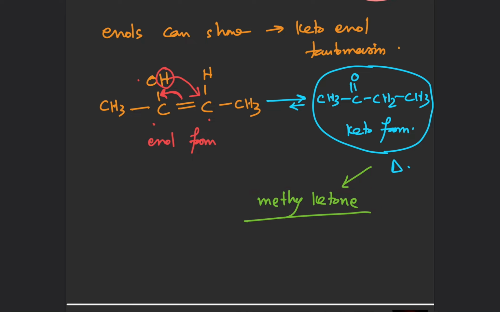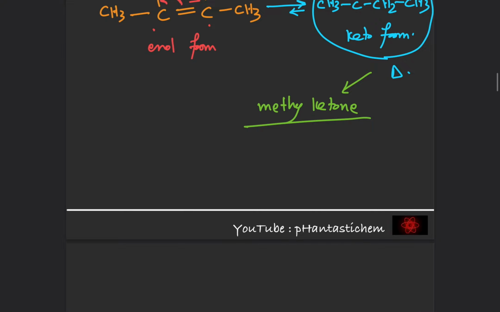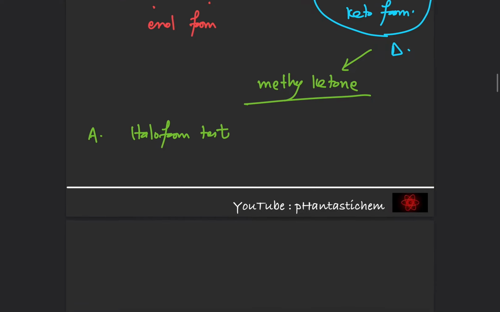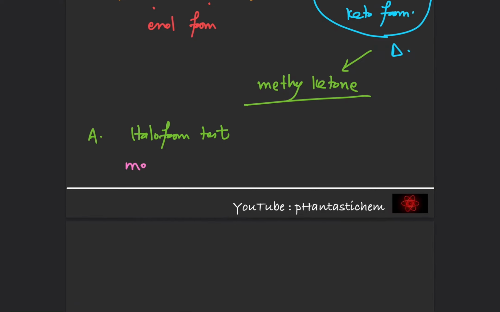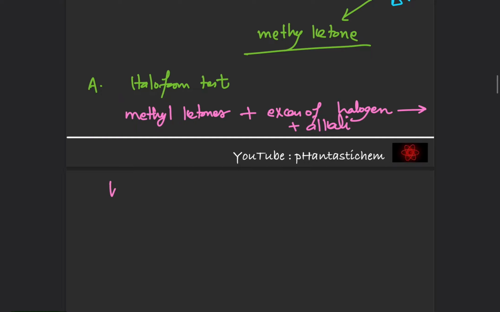Okay. In option A, we have haloform test. Okay. In haloform test, we treat methyl ketones with excess of halogen in the presence of alkali to produce a haloform.